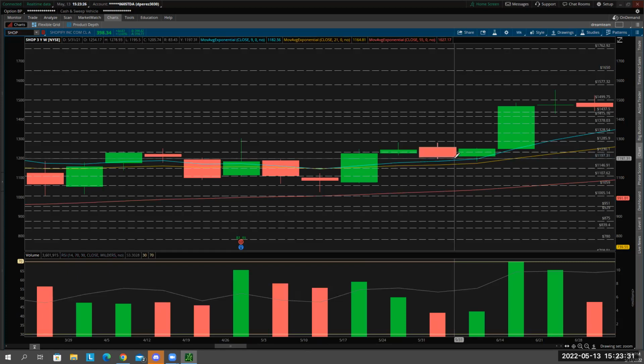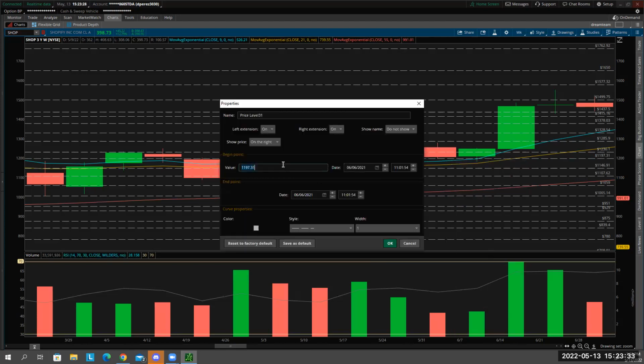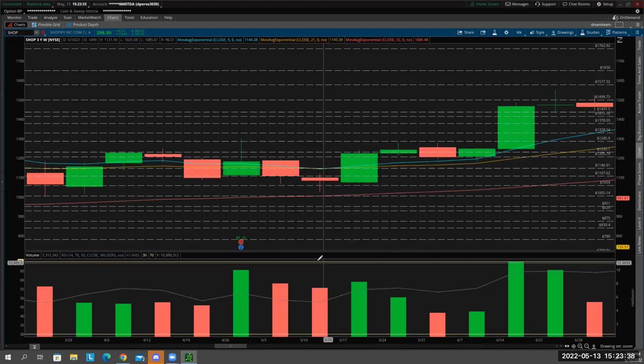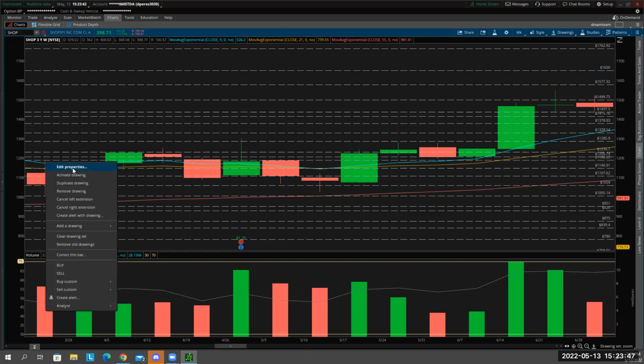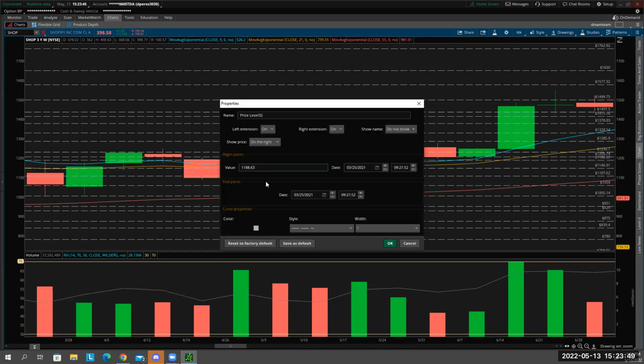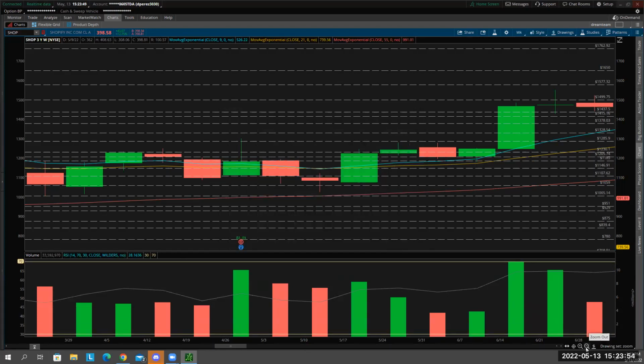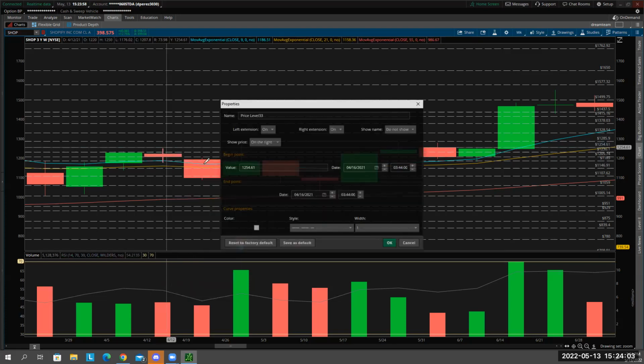So 1205.74. Clear rejections at this level. So it's the high of 1185. I remember this level. I know that level. Played it many times. Got rejections at this level as well, which is the high of this 1250. I played off this level as well.